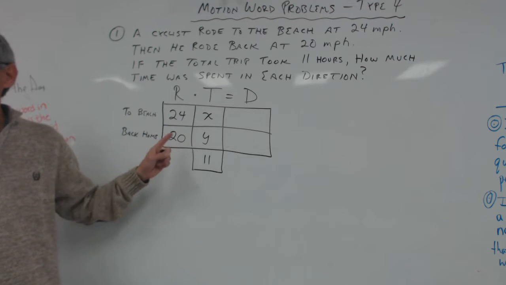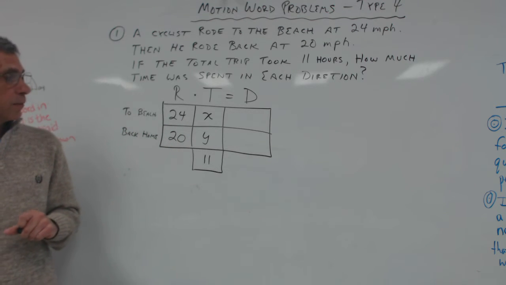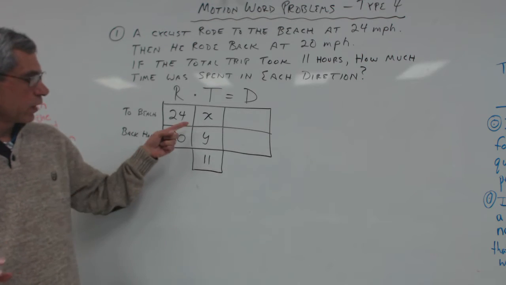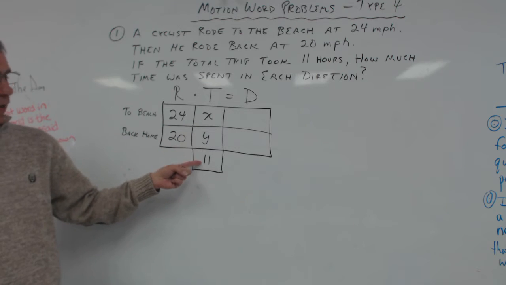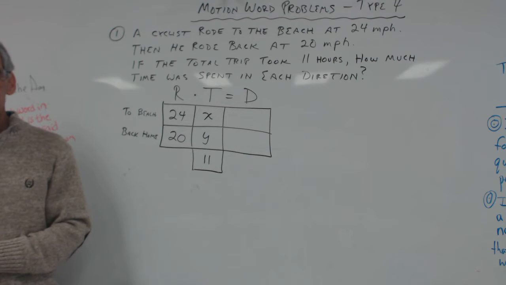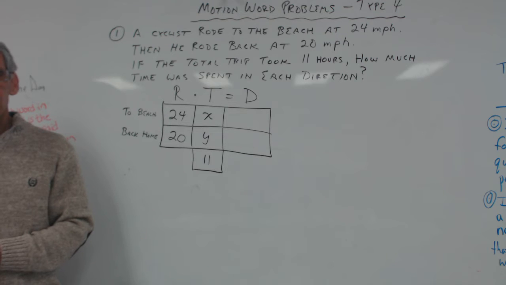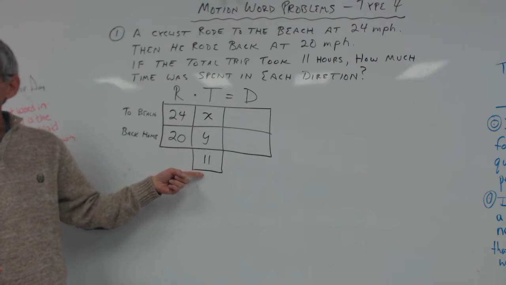But for now, I've got an x and y, just for a second. So, could I write an equation relating the x and y and 11? Isn't it this plus this equals this? Isn't that what we're saying?